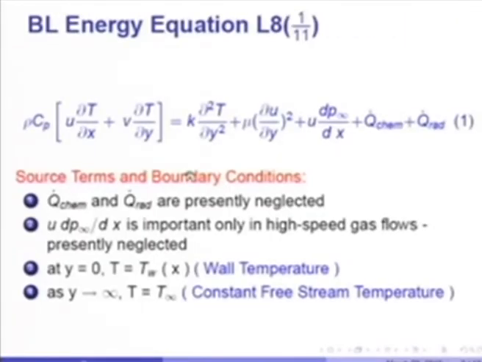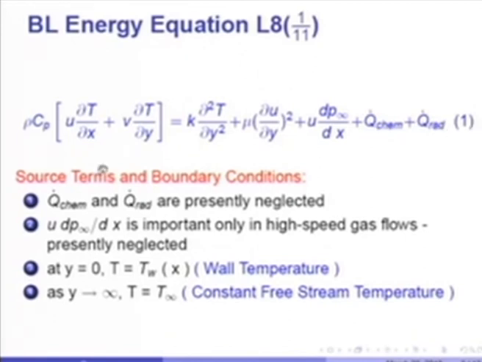So, as you will recall, the boundary layer form of the energy equation has convective terms on the left hand side, the diffusion term in the transverse direction, the viscous dissipation term, the pressure work term, and two heat generation terms, one due to chemical reactions, the other due to radiation.